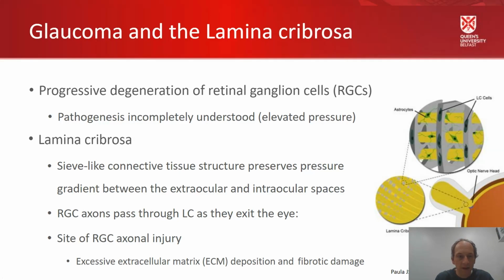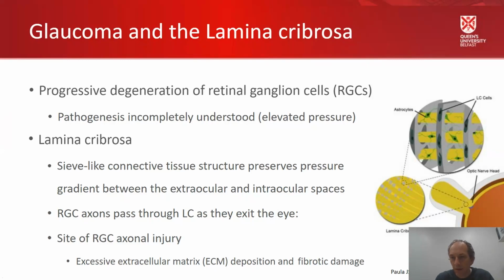So it's where these retinal ganglion cell axons go through the optic nerve at this region called the lamina cribrosa that it's thought the damage occurs. This is a sieve-like structure which helps to control the pressure differential between inside and outside the eye.